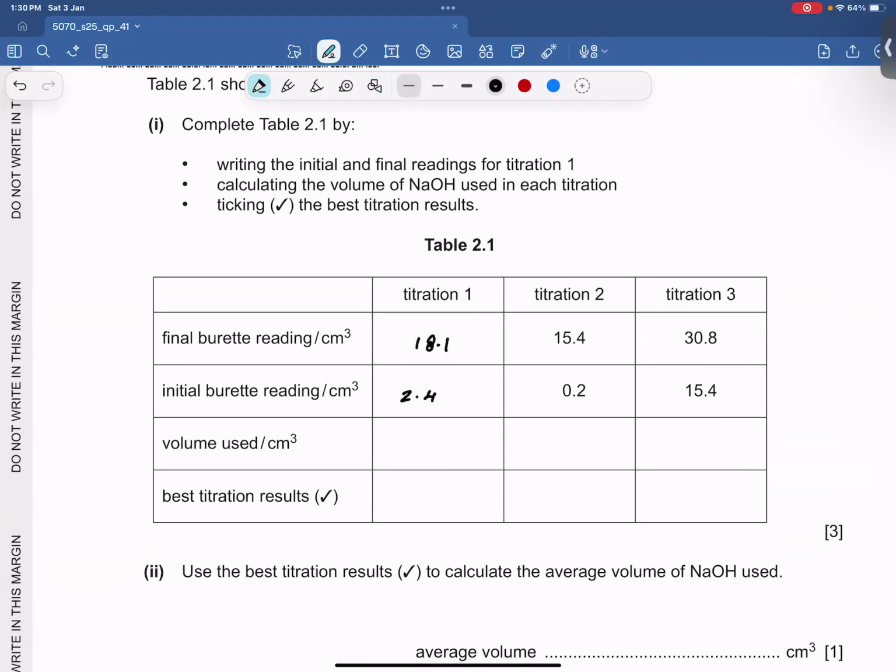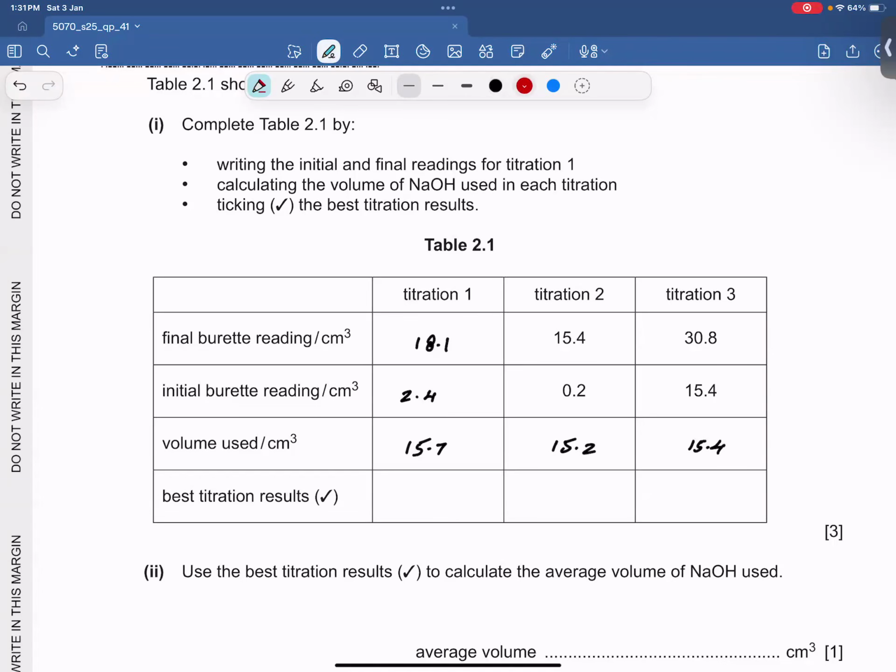So take out the average values. 18.1 minus 2.4 is going to be 15.7, then 15.2, and then 15.4.